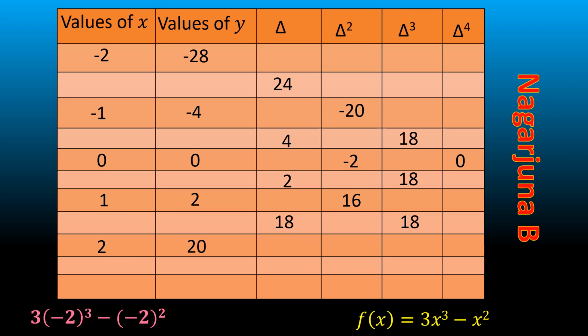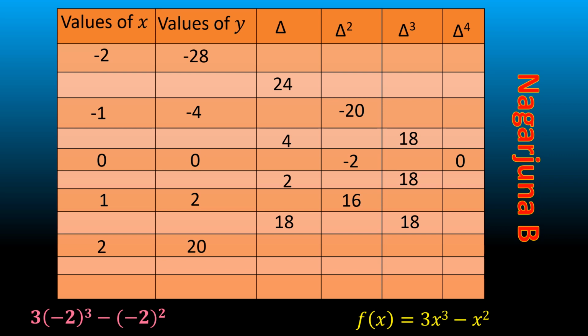Even we can see that 18, that is the delta cube value, minus 20, that is the first delta square value, 18 minus 20 will be how much? Minus 2. So that is the second value present in the delta square column.